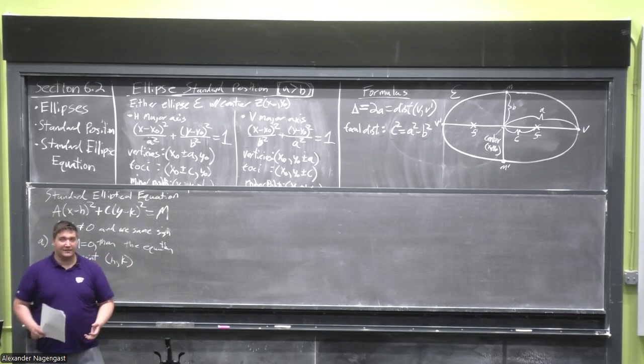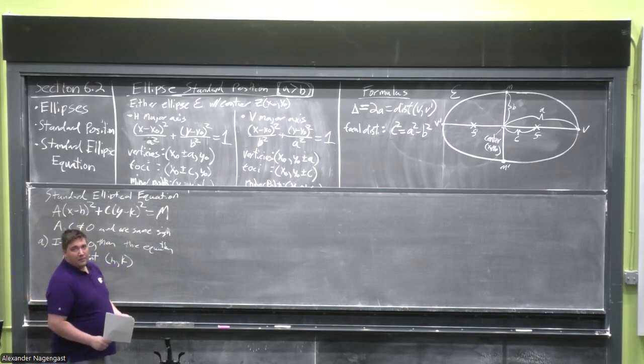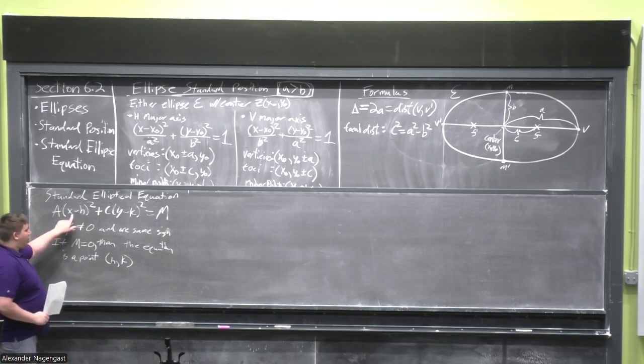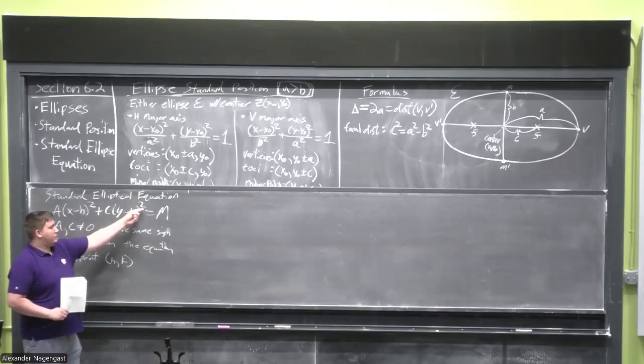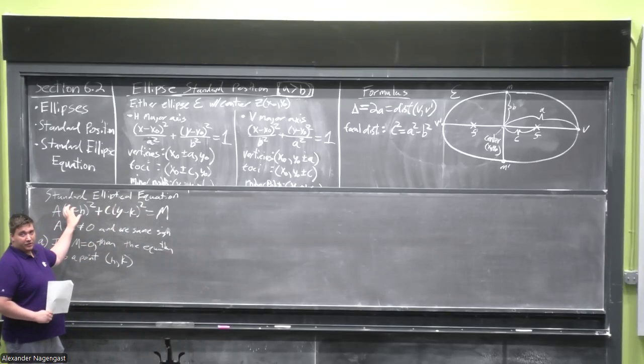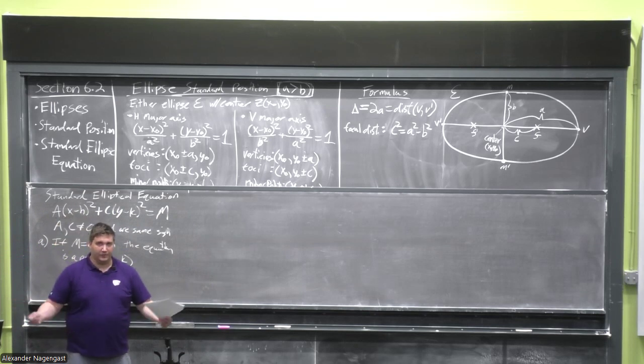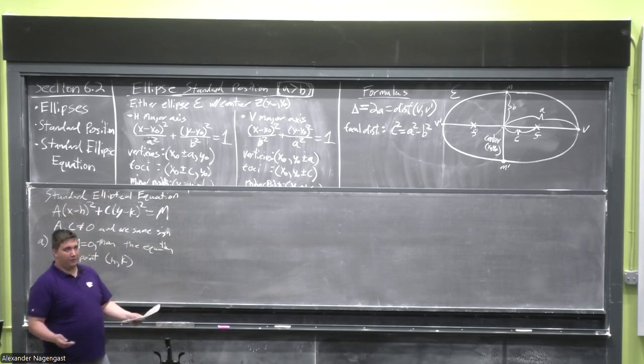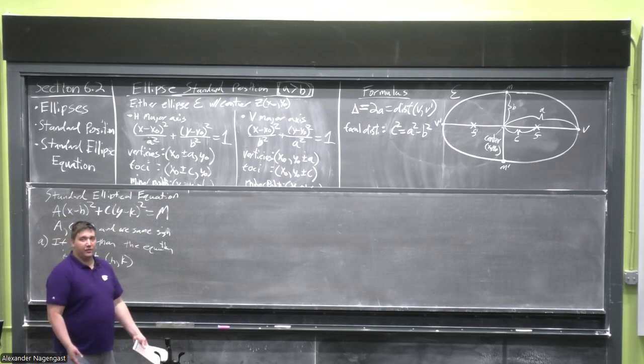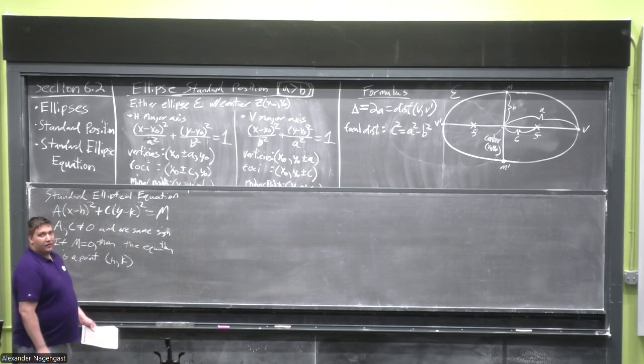It's the only thing that can satisfy it. And that makes sense. If we plug in h for x and k for y, we get 0 squared times a, that's all 0. Here we get 0 squared times c, that's all 0. 0 plus 0 equals 0. So it basically reduces to how far away from your point. If the only point is a singular point, you can't go any further than 0 if you're already at that point.